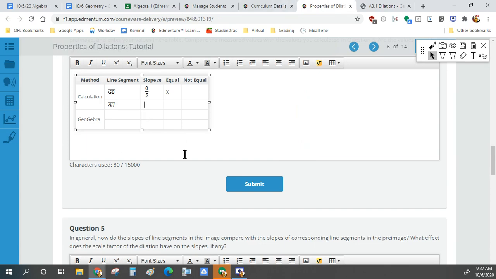So rise over run. What's my rise? I'm going to say, and you can do something like this too, 3 over 0. It's a fraction. That's fine. It is equal. They are undefined. So if we calculate it with GeoGebra, we said undefined for AH.